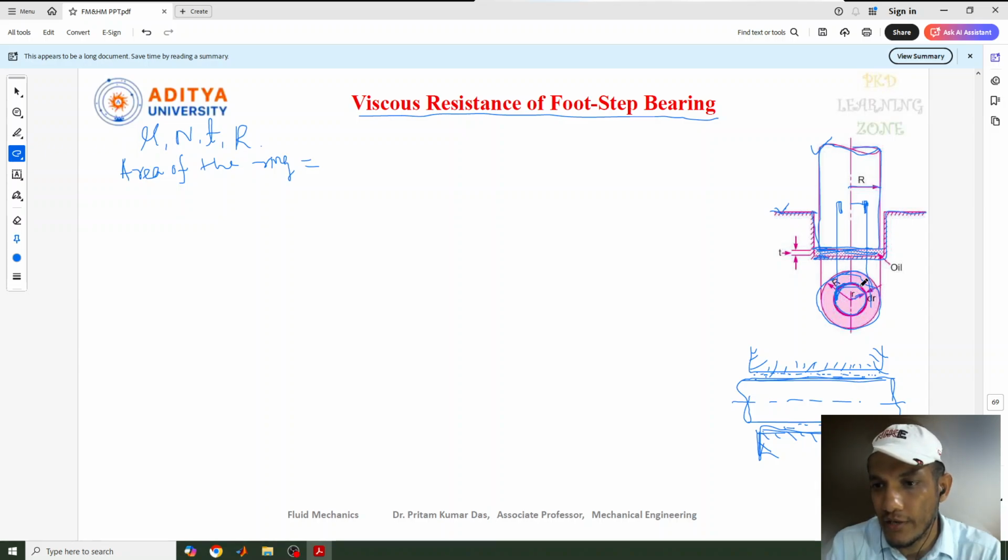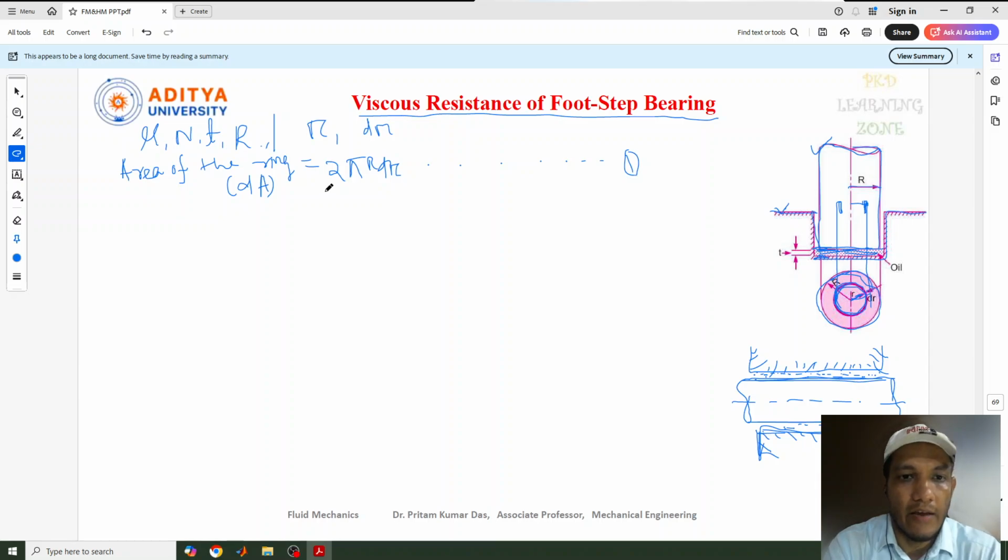This ring is situated at radius r with a thickness of dr. That is the location, radius r and thickness dr. To find the area of the ring, we denote it as dA, since it is a small part. For this we can write dA equals 2 pi r dr. This is the radius r and the thickness dr, and we can call this equation 1.